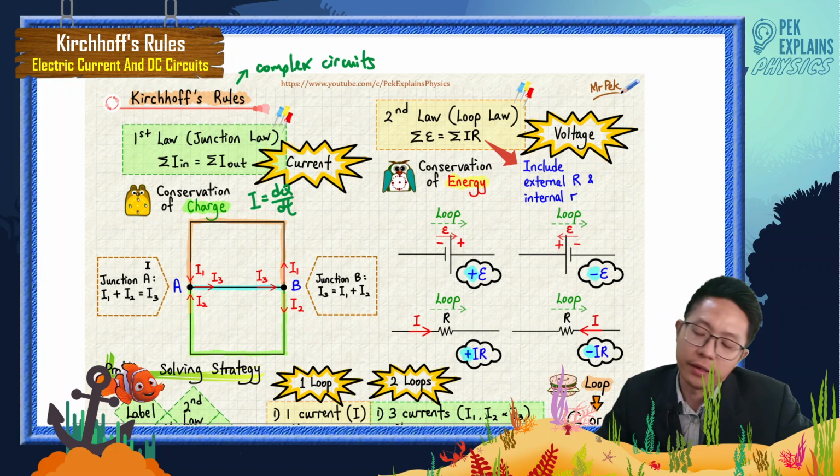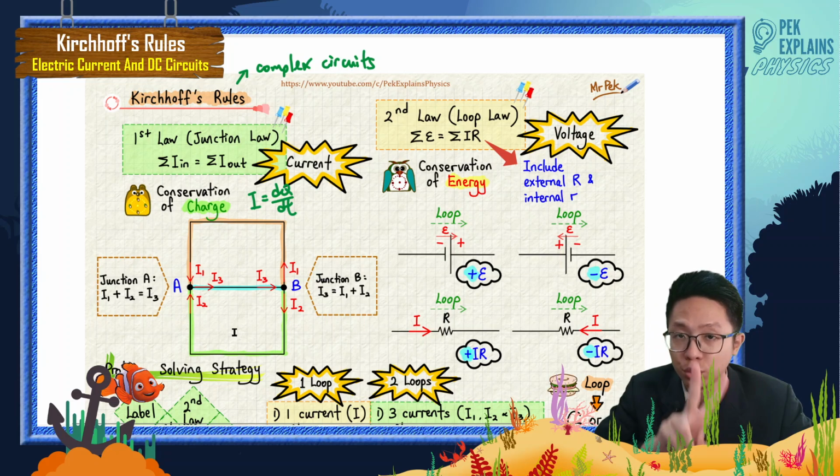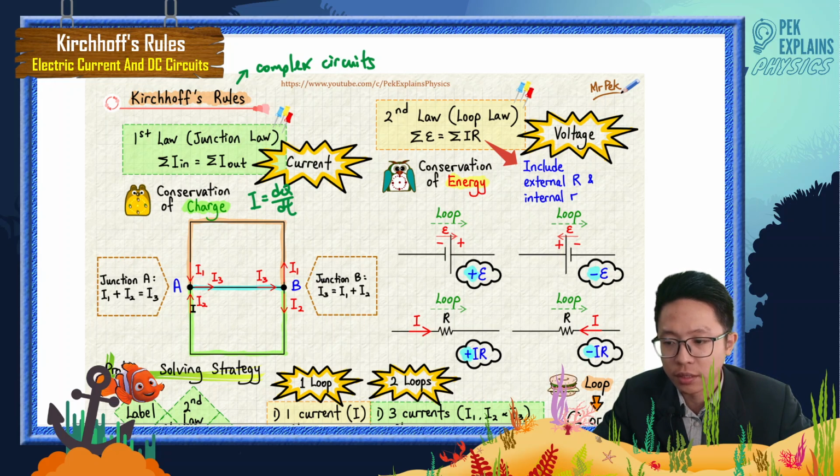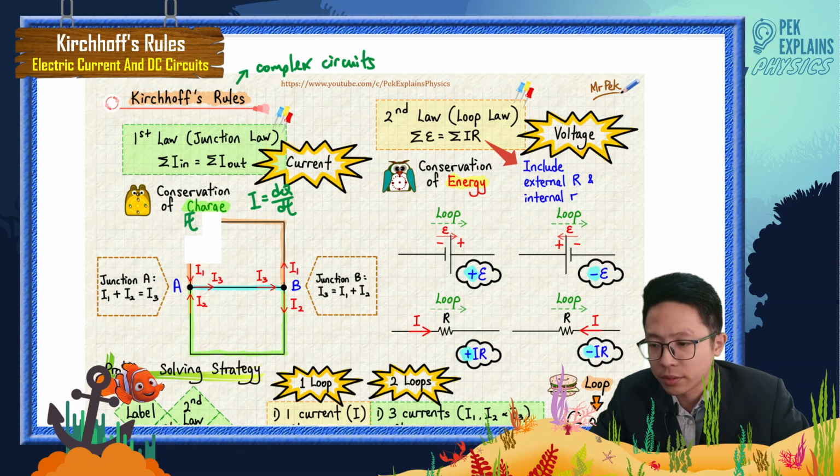Let us look at this circuit. This circuit has 2 junctions, A and B. We call them junctions because they have 3 paths. You see, 1, 2, 3 paths. Points like here are not a junction, because it is like one road. This is not a junction because it is one wire also.